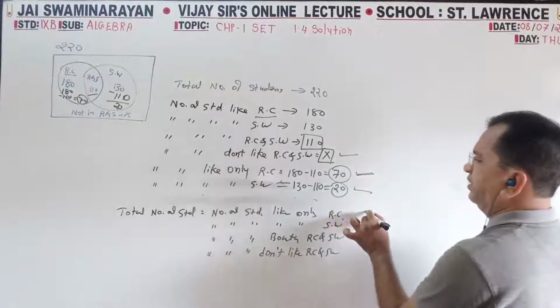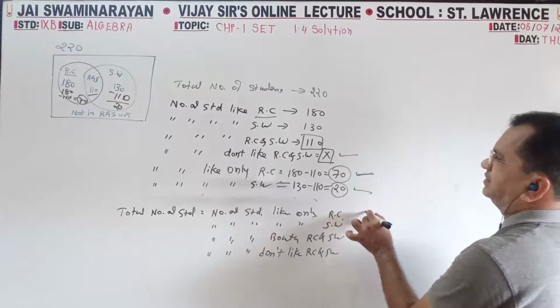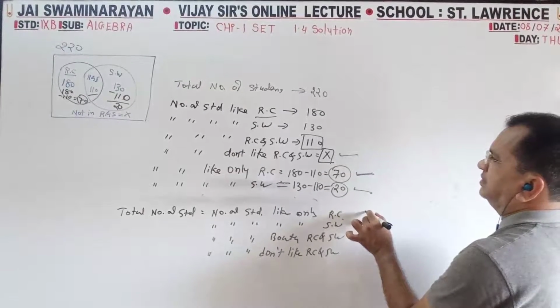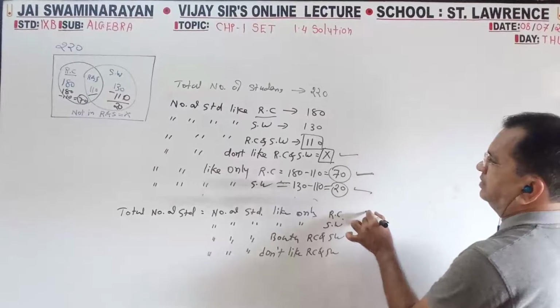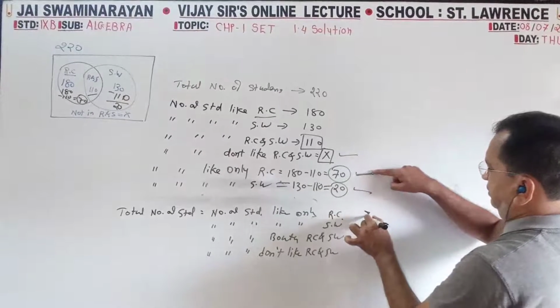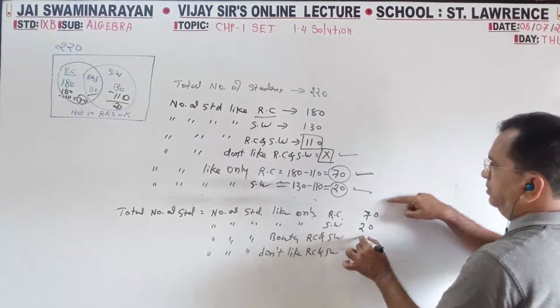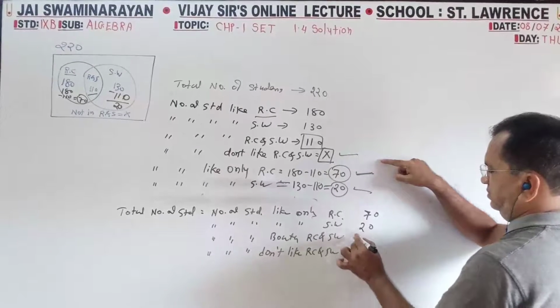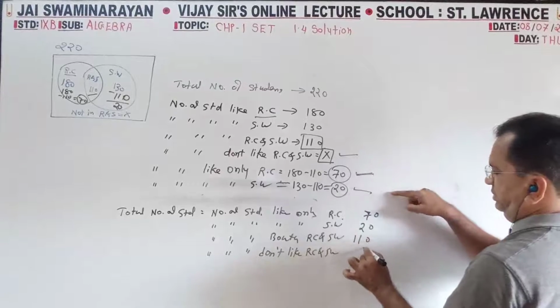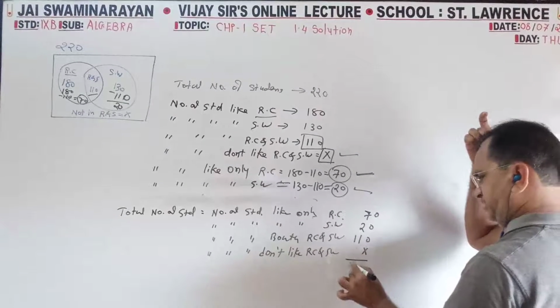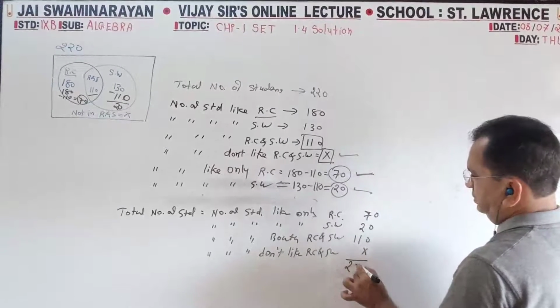So this is given: only RC, rock climbing, that is 70, this is 20, both that is 110, and this is X, and total is given 220.